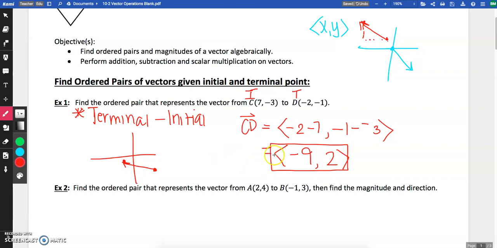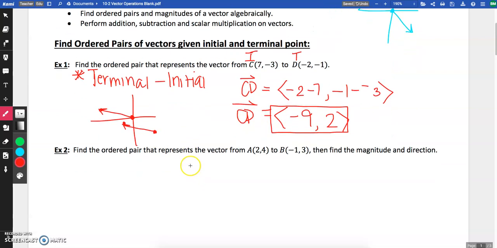If I'm going to draw this vector in standard position, that means it starts at the origin and goes horizontally -9, so somewhere up here, and then up 2. So it's just a sketch here, but you can see these should have the same magnitude and the same direction. It's basically like if I could pick up this vector and put it on the origin, this would be what it looks like. Okay, so this is our vector component for CD.